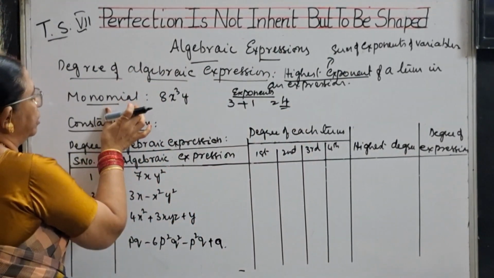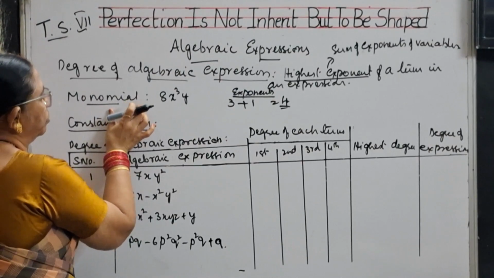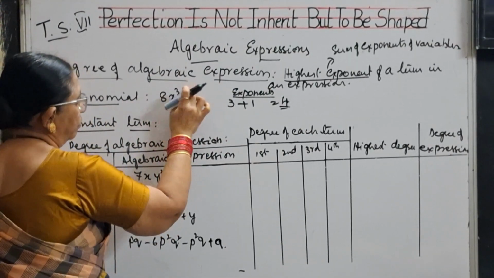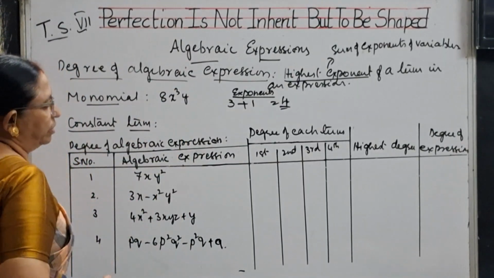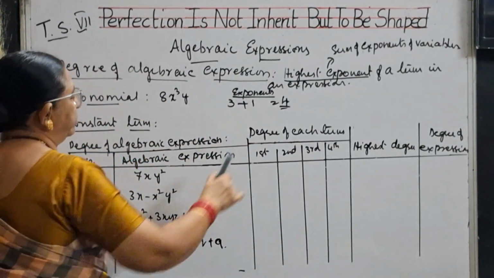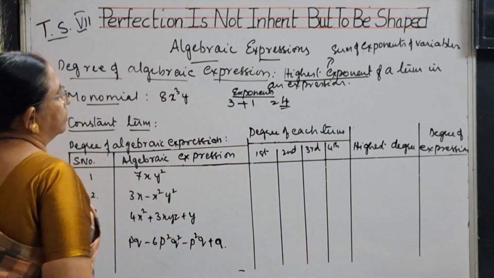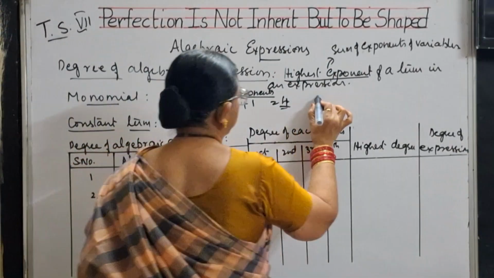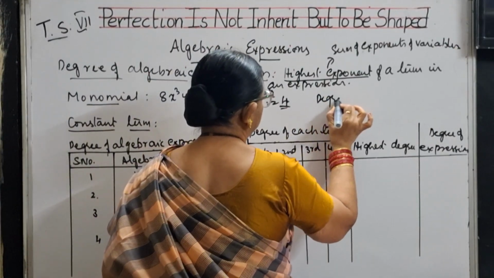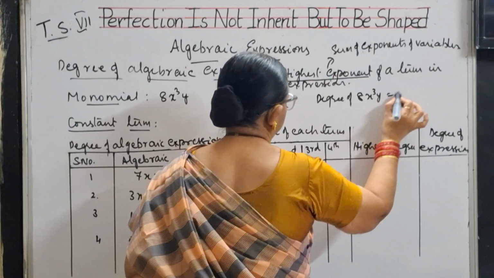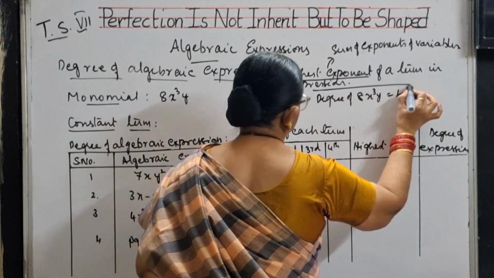So monomial degree, if you want to find out, you have to see the variables, you have to see the powers. Exponents means powers, add the powers. How much you are getting, that is the degree of the polynomial. So degree of 8x cube y is 4.